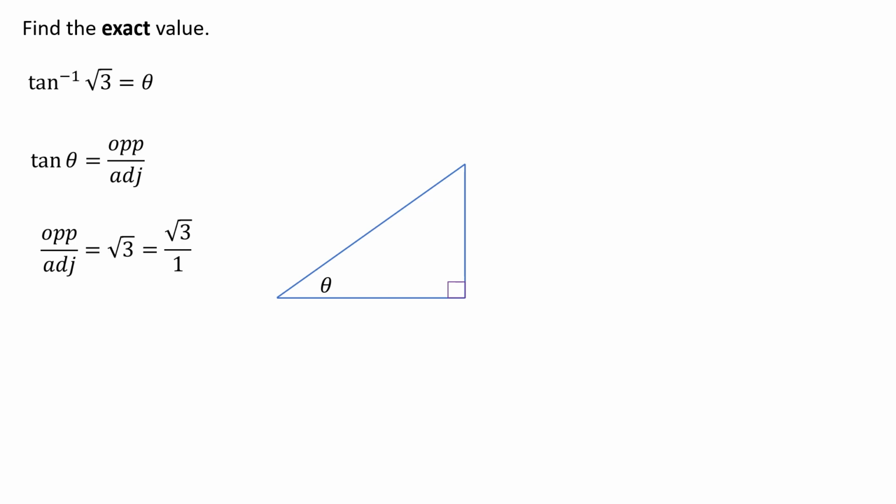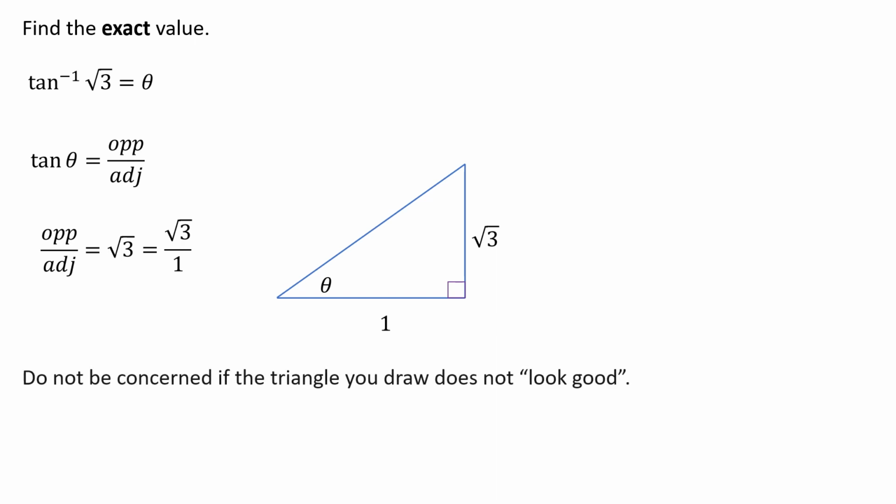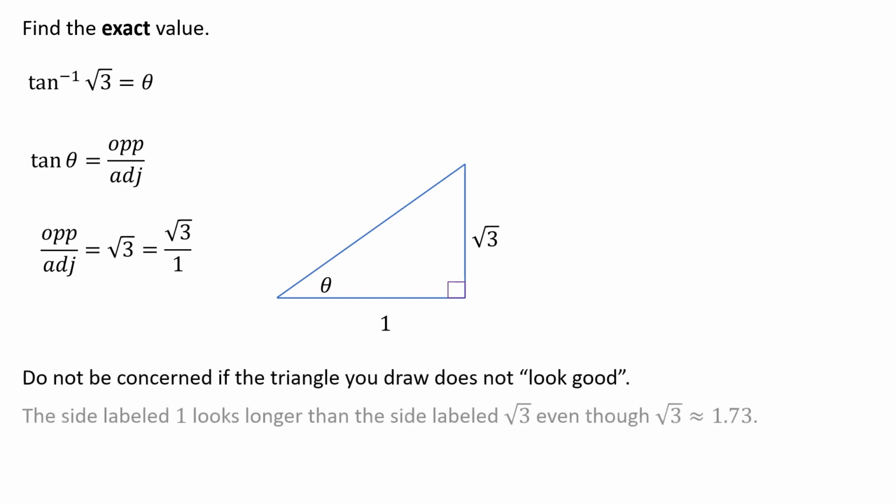Doesn't matter which one. Opposite over adjacent, so √3 has to be opposite and 1 has to be adjacent. Opposite of theta, I need the square root of 3. Adjacent to theta, I need that 1.